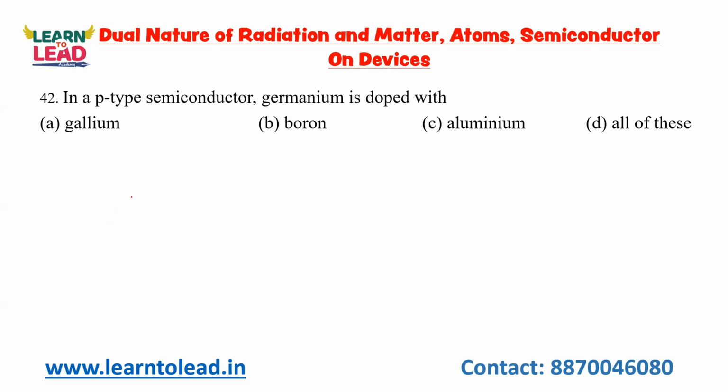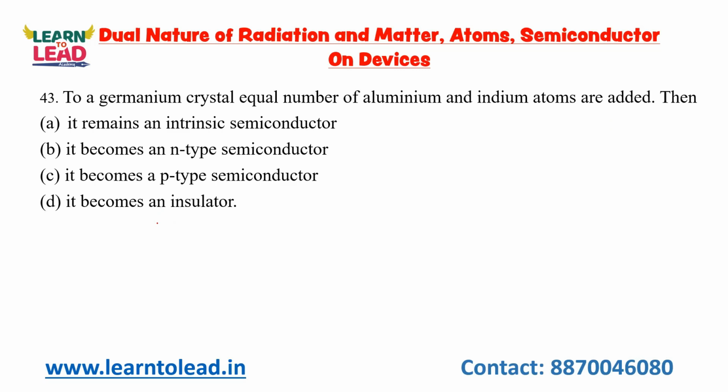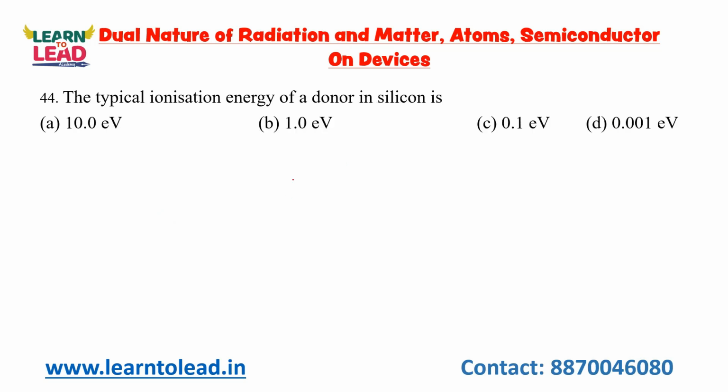Next, in a p-type semiconductor, germanium is doped with gallium, boron, aluminium. Next, to a germanium crystal, equal numbers of aluminium and indium atoms are added. Then what happens? It becomes a p-type semiconductor.